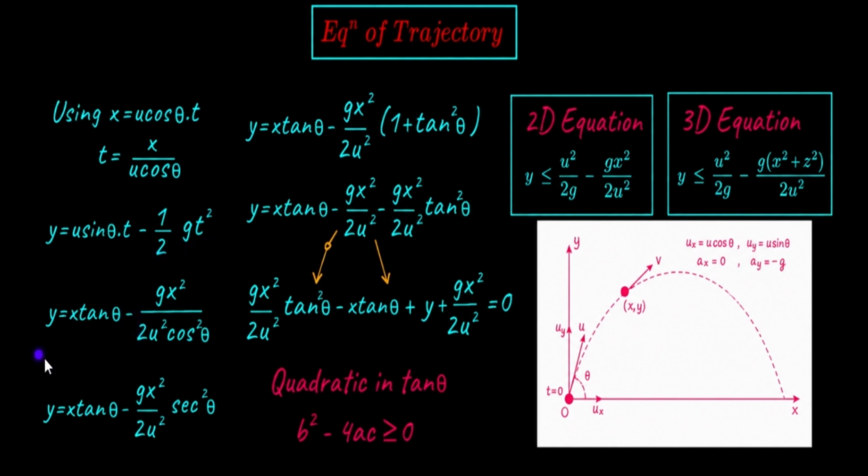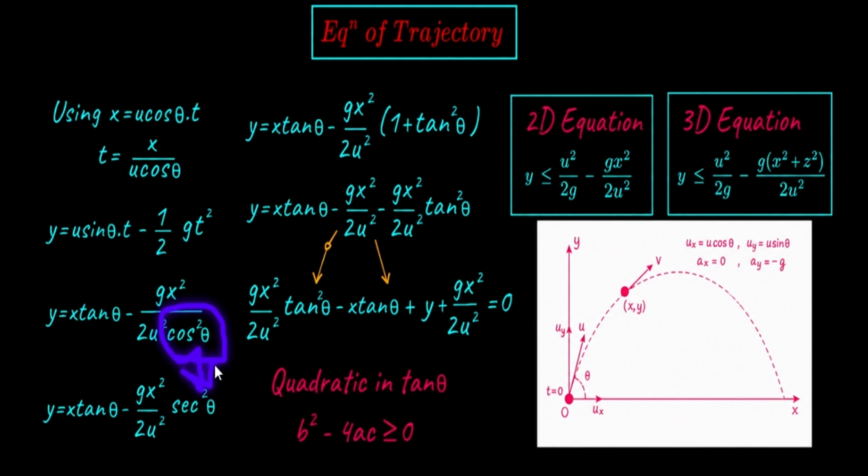So the equation becomes y equals x tan theta minus gx square upon 2u square cos square theta. This is the equation of trajectory in one form. It gives you a direct relationship between x and y without any t.